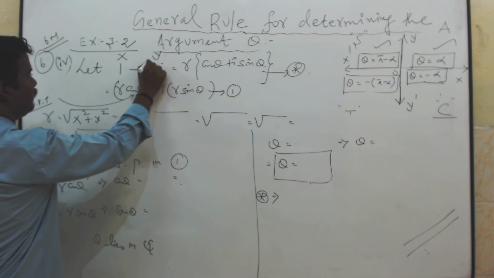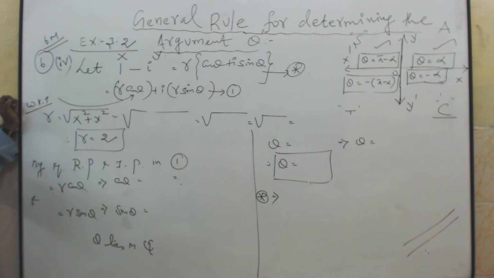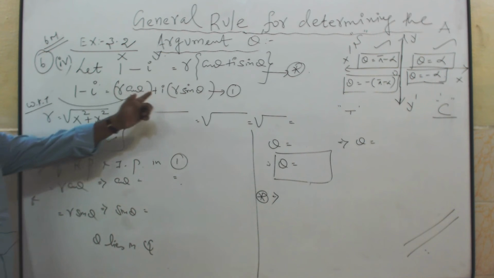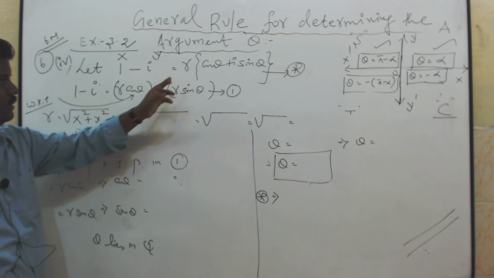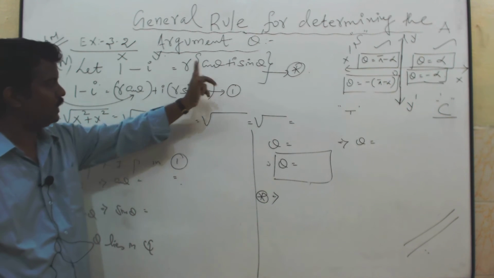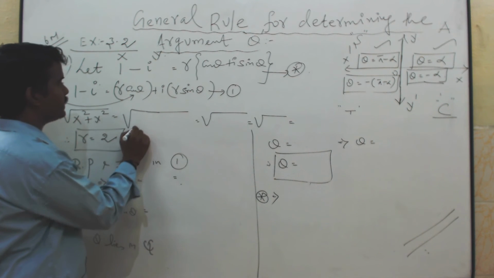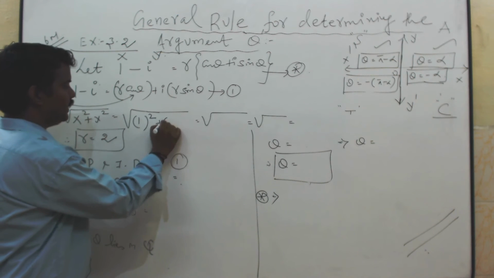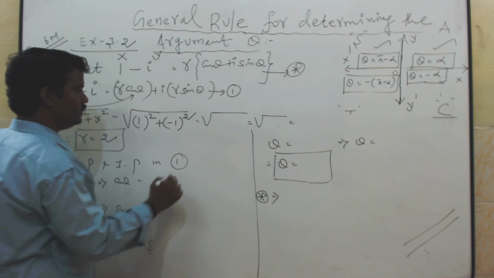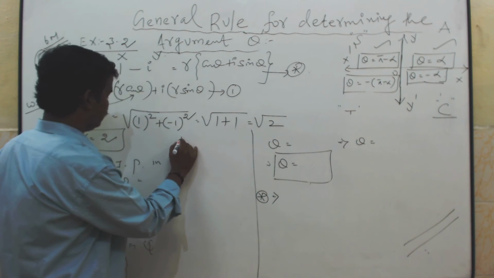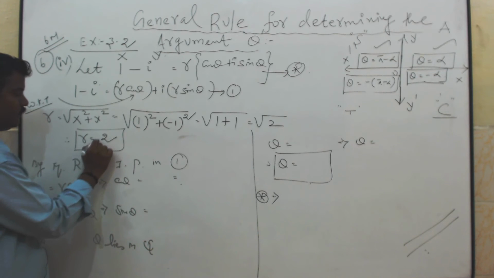Let 1 minus I is equal to R into cos theta plus I sin theta. In the previous one, you call this as equation number 1. Multiply term by term. R cos theta plus I into R sin theta. First one, we will find out what is R, right? Root of x square plus y square. What is the value of x? 1. What is y? -1. So it is 1 square plus 1 square, which is root 2. So that is the value of R is what? Square root of 2.